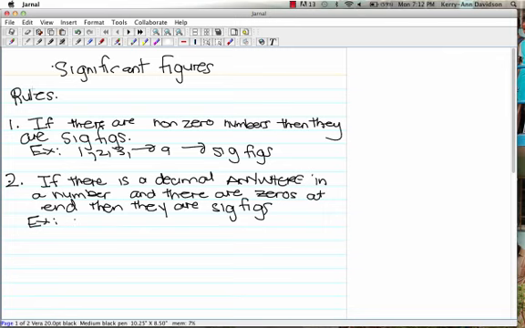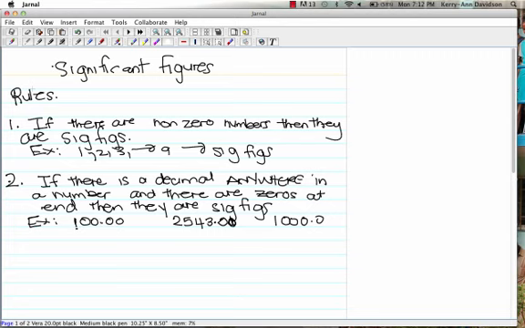Example, if I have 1, 0, 0.00, 2, 5, 4, 3.01, well, let's make that 0, 0. Alright, so in this case, there's 4 zeros at the end of that non-zero number, okay?